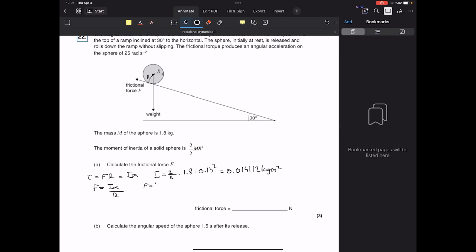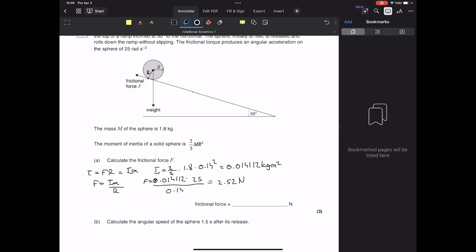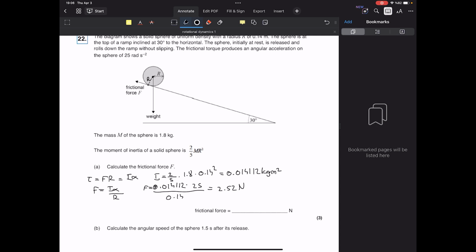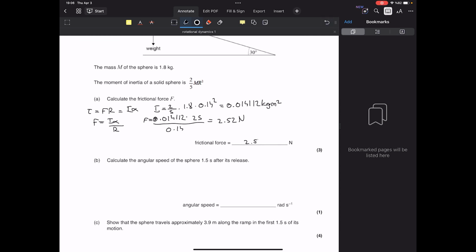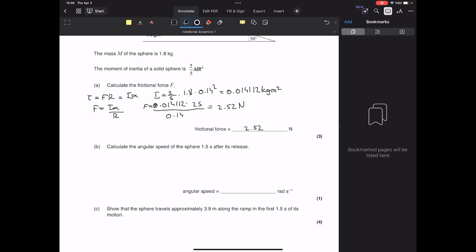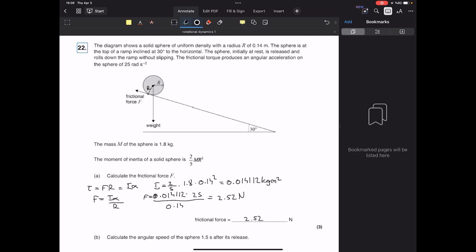So F is going to be 0.014112 times 25 divided by 0.14, which will be 2.52 newtons. I'm just going to write 2.52. Now it wants us to calculate the angular speed of the sphere 1.5 seconds after release.